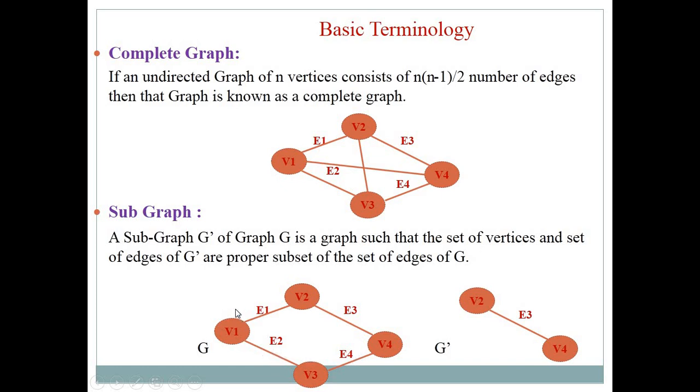For becoming a subgraph, the properties that we have discussed are compulsory. So we have G dash here with V2, V4 and edge E3. This is a proper part of this graph, so this will be known as a subgraph.